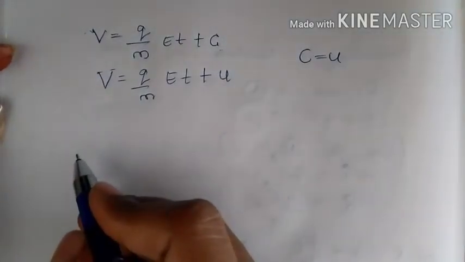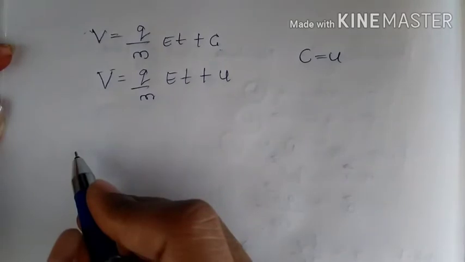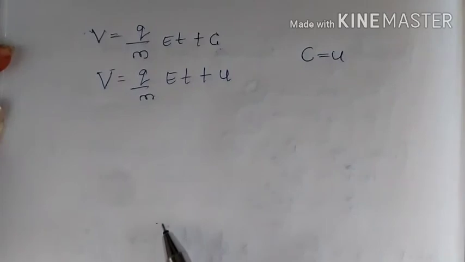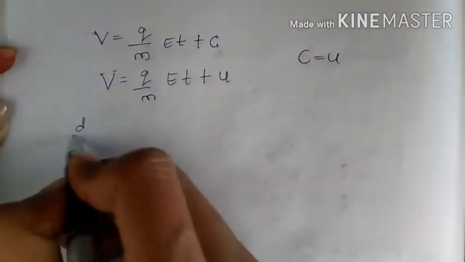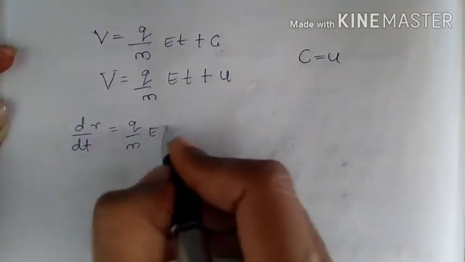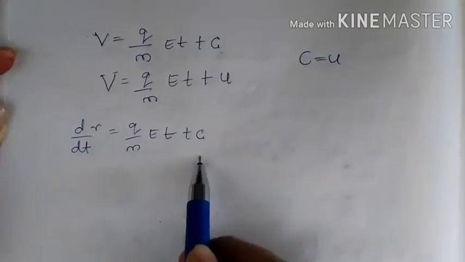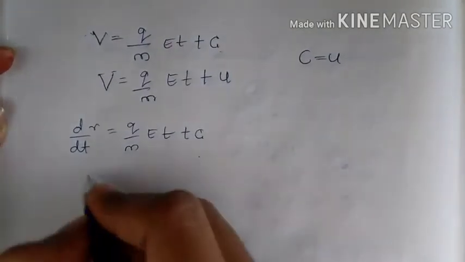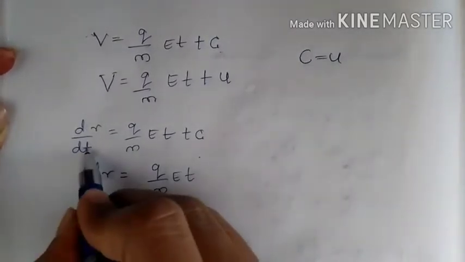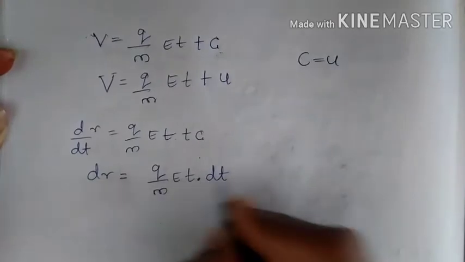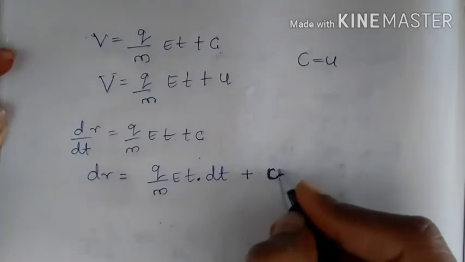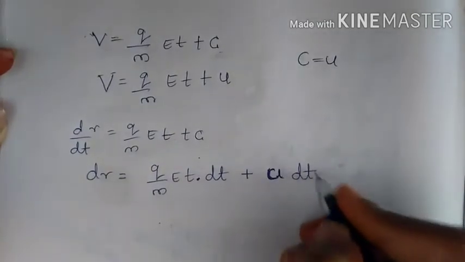Now this equation, dr/dt is equal to (q/m)Et plus c, which we saw, can be written as dr is equal to (q/m)Et dt, plus c went off and we are writing c as u, so now u dt.